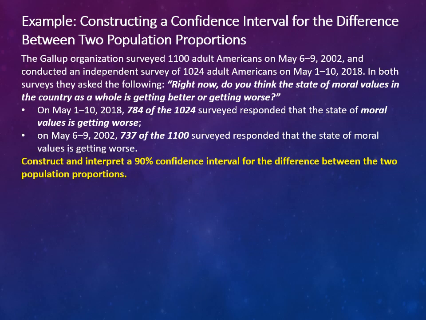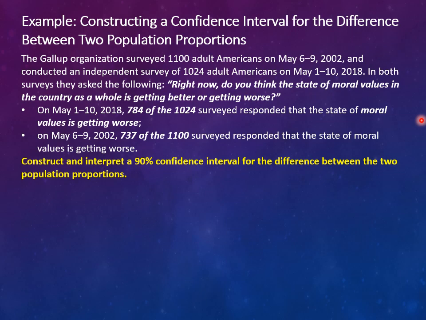So let's look at an example: constructing a confidence interval for the difference between two population proportions. The Gallup organization surveyed 1,100 adult Americans in 2002 and conducted an independent survey of 1,024 Americans in 2018. In both surveys, they asked the following. Notice they also used the same relative time frame of May.